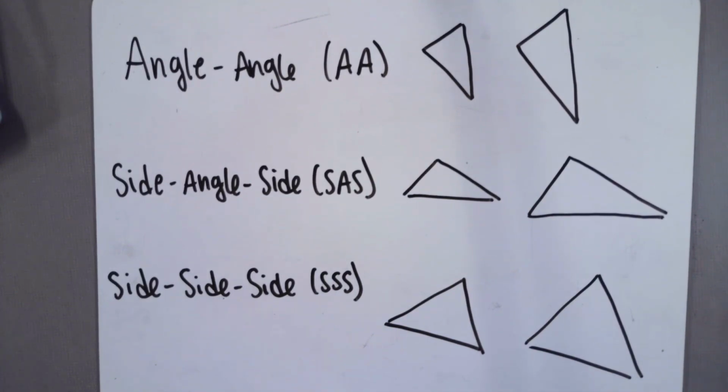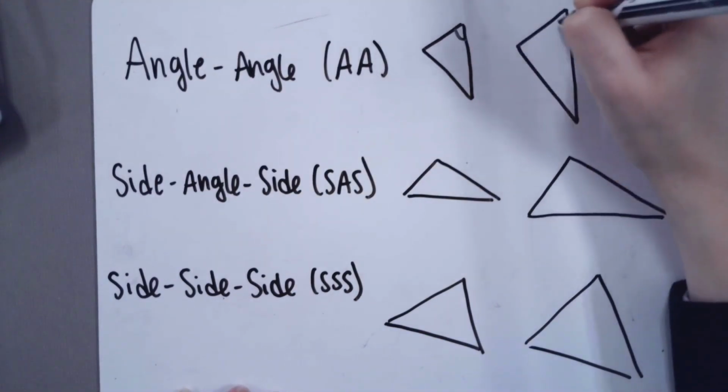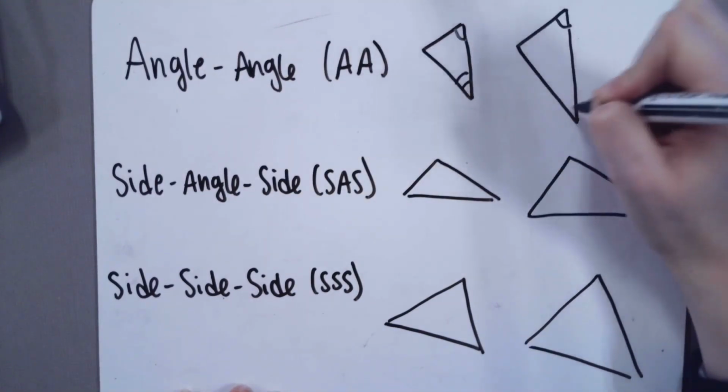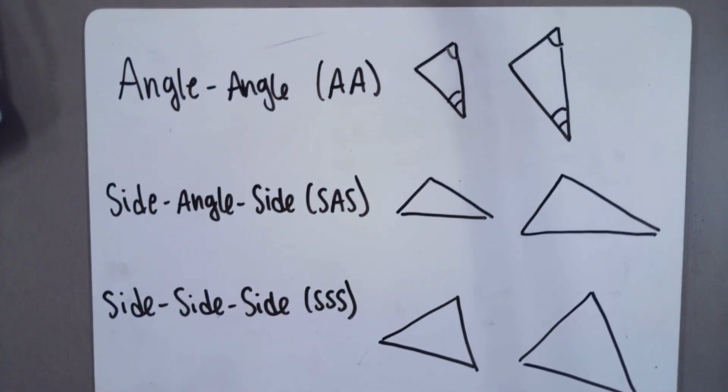That says that if 2 triangles have 2 pairs of congruent angles, then the triangles are similar. So that might look like this. We can see those triangles have 2 pairs of congruent angles, so that's enough to know that those triangles are similar.